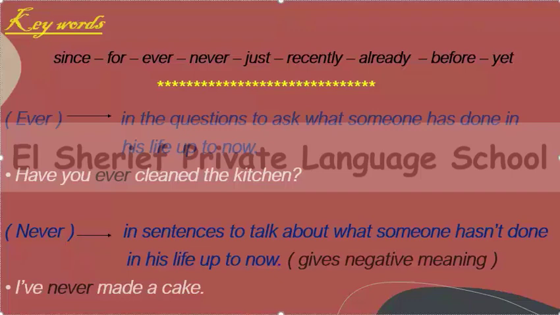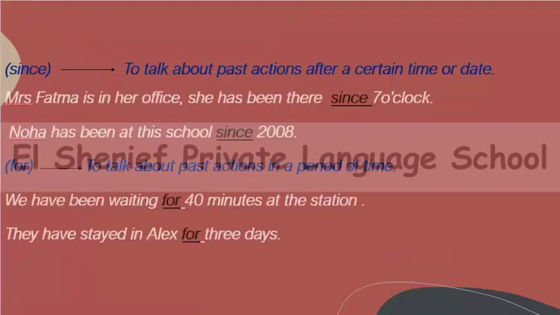Okay, let's see what we have next. Since. We use since to talk about past actions after a certain time or date. That action, I know when or the time that this action started.